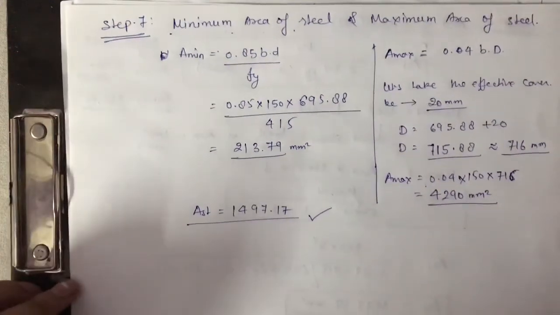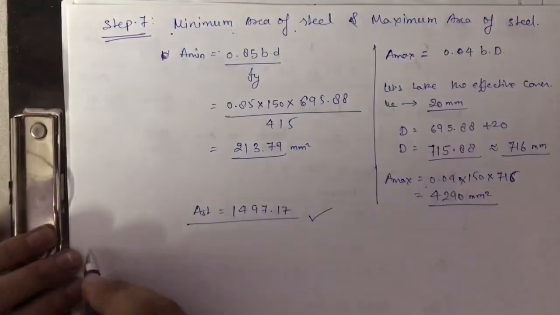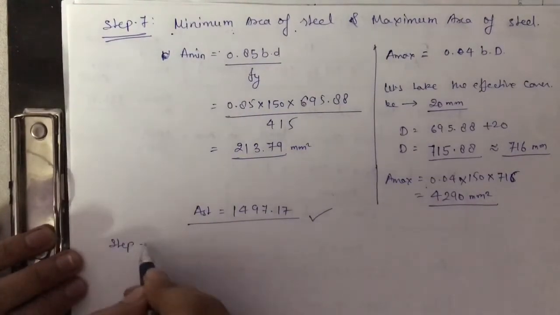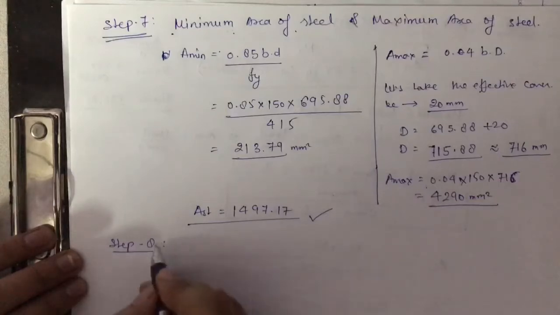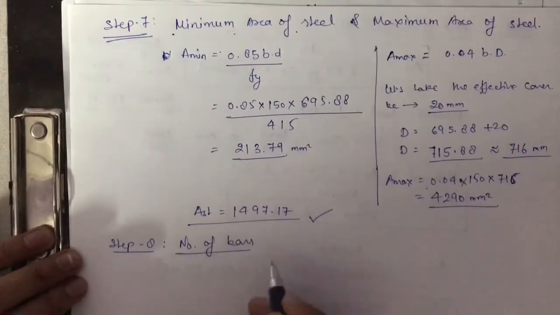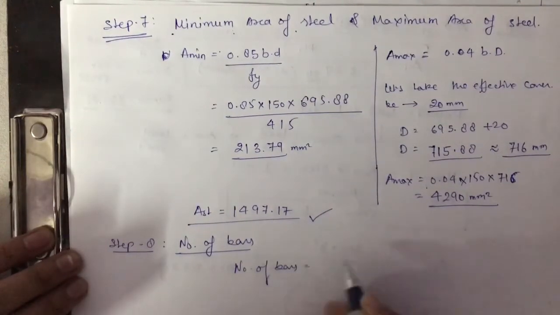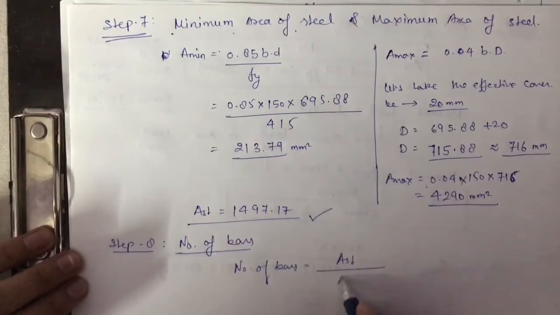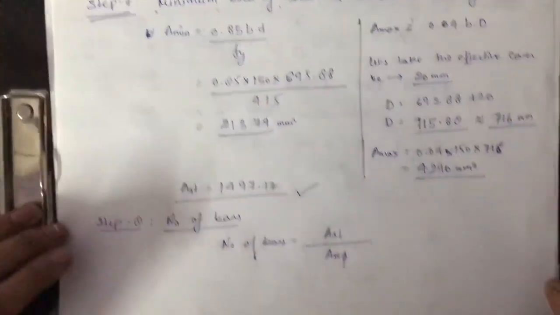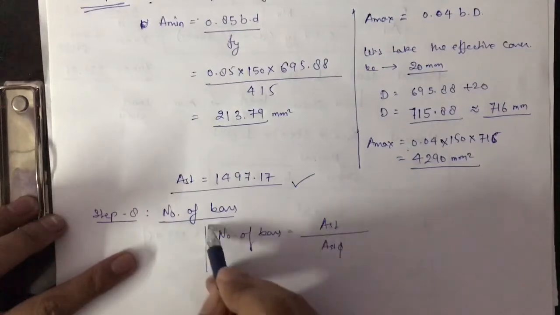Okay, now our last step is to find out the number of bars. So the number of bars is the total area of steel provided upon the area of a single bar. So here we have to assume the diameter of the bar.